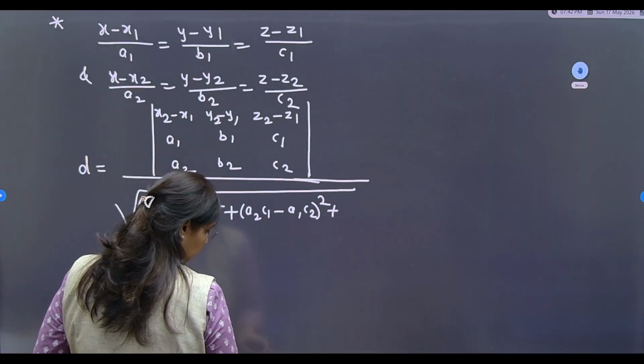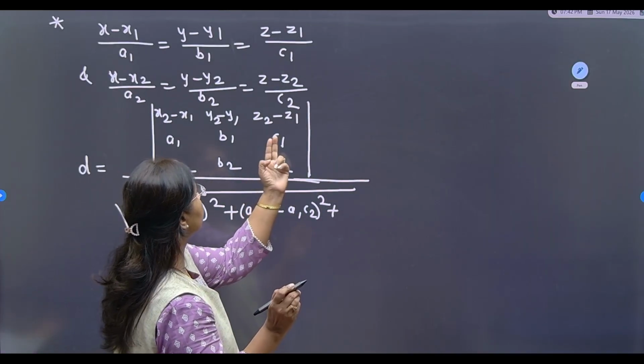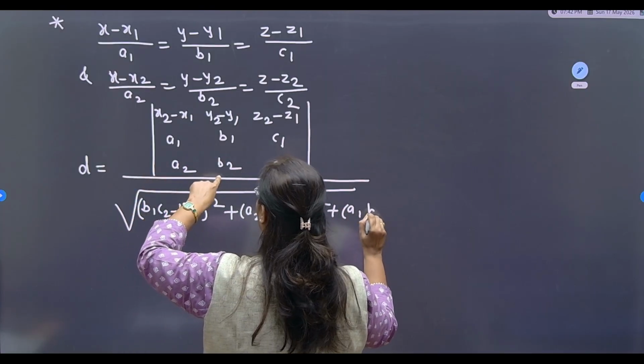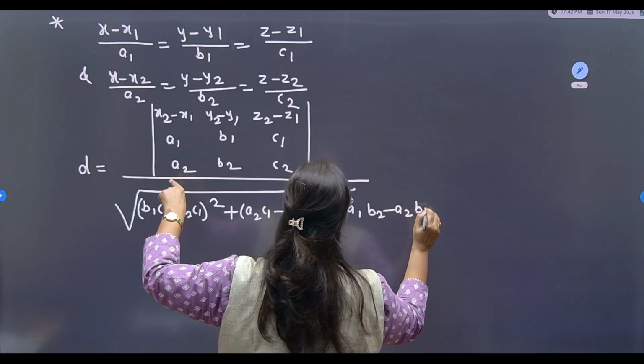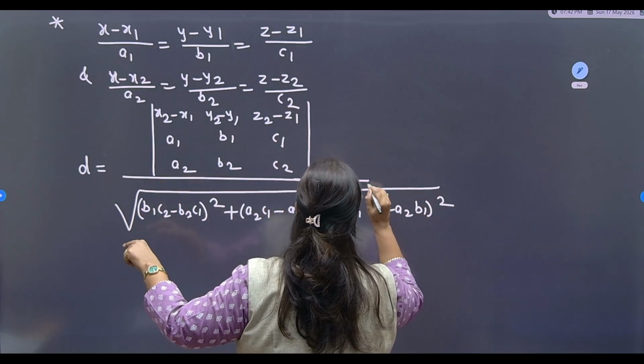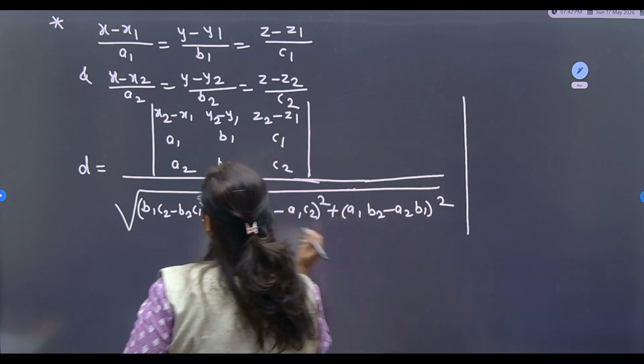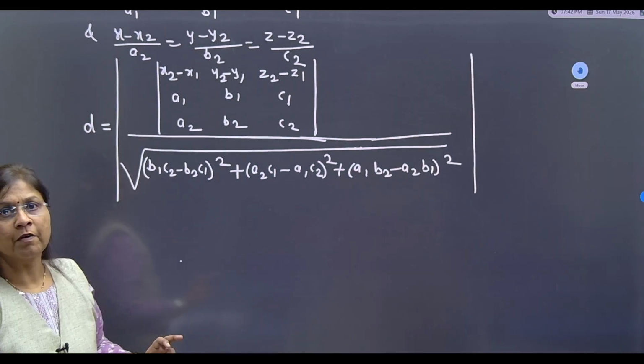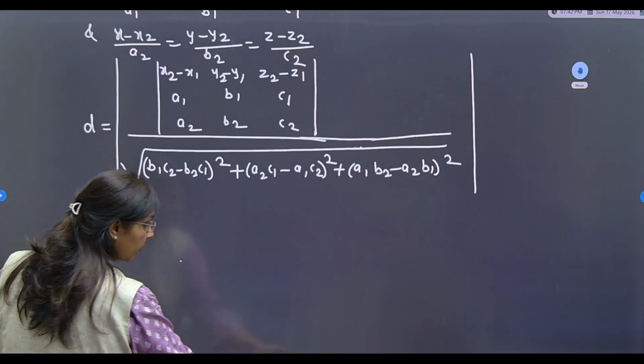Last part, eliminating these two, cross multiplication, (a1 b2 minus a2 b1) whole bracket square. Distance is always positive, so consider the modulus sign. This is the formula of the shortest distance between skew lines.